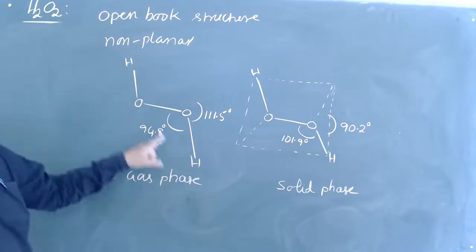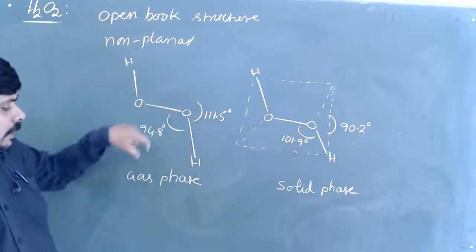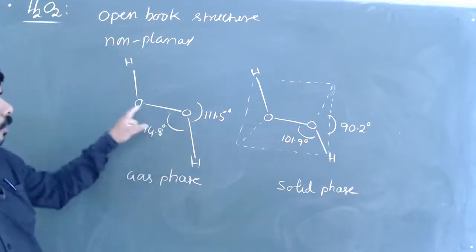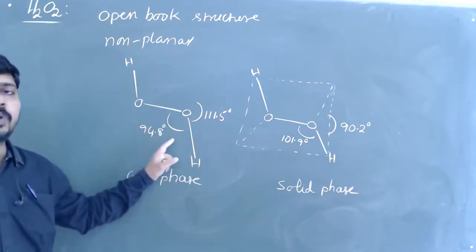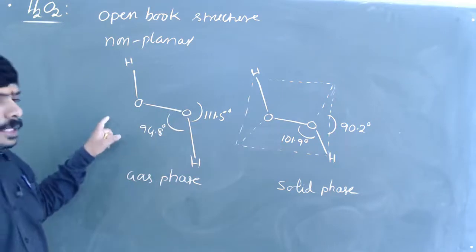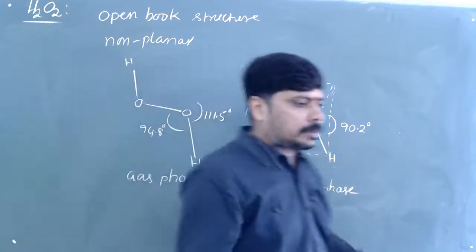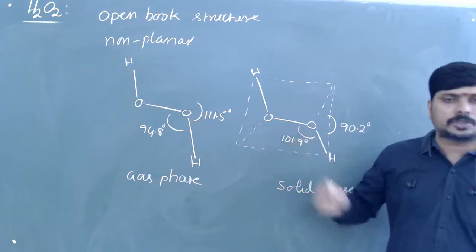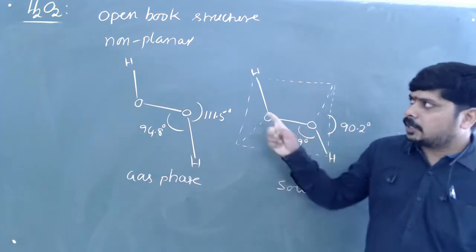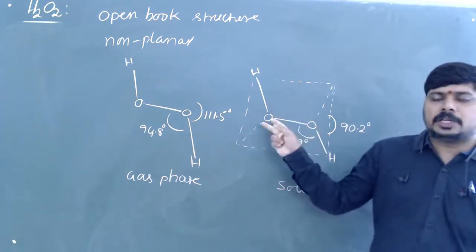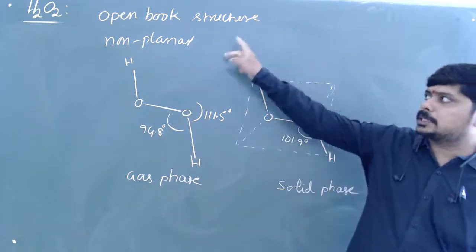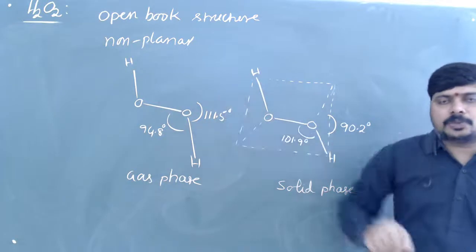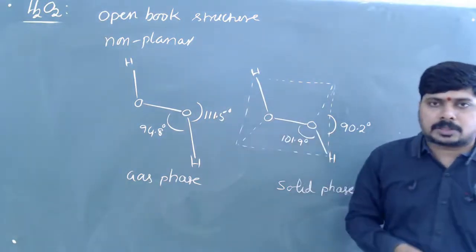Whereas the dihedral angle in the gaseous phase is 111.5 degree, and the HOO bond angle is 94.8 degree. These are the bond angles we must remember, as they ask them in exams. Understand? So this is the important structure, like open book structure, non-planar structure, anything you can say. That is the structure of hydrogen peroxide.